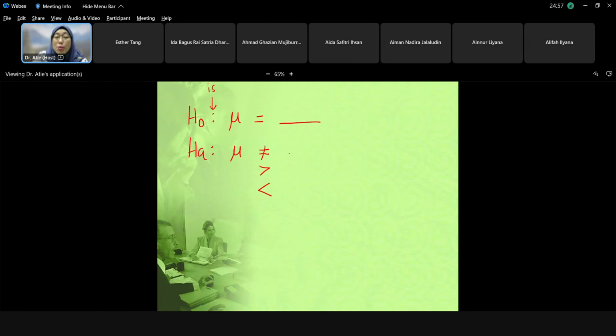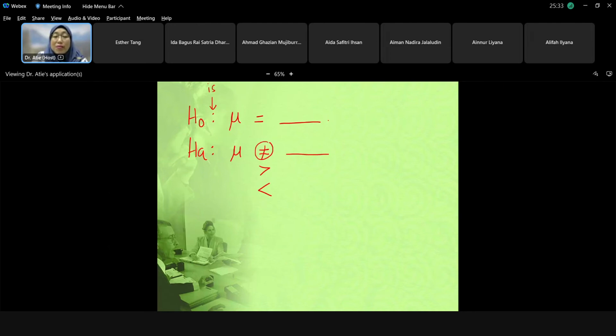So which one do we need to use? Either different, greater than or less than. It all depends on the question given, right? So you need to look for clue words. Let's say the question says different, then you know that you need to use this symbol. It depends again on what is asked by the question in the book or in the test.